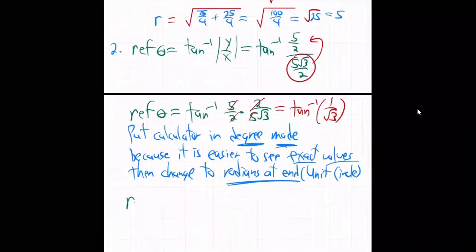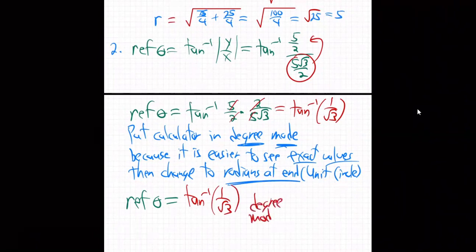So it's going to be tangent inverse of 1 over root 3 in degree mode, even though we want radians in the end. I'm going to do that right now on my calculator to make sure I'm not making something up. I'm putting my calculator in degree mode, and I go tangent inverse of 1 divided by square root of 3. I'm getting 30 degrees.